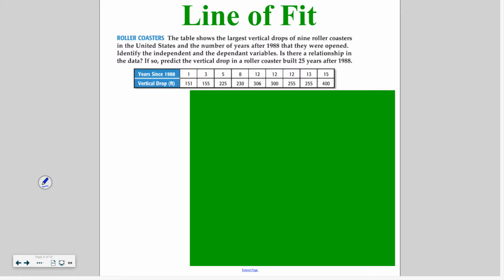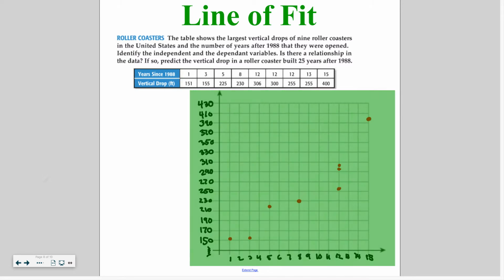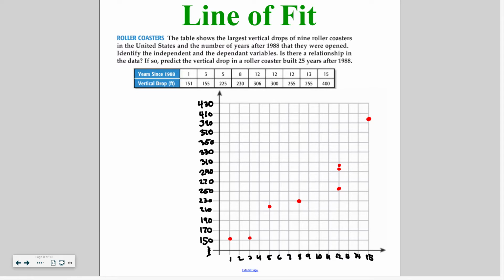So on the x, you're going to be okay to just number 1 through 15. On the y, our smallest number starts at 150, so we aren't going to want to start at 0 on our graph. So as you can see, what I've done here is I started at 150.